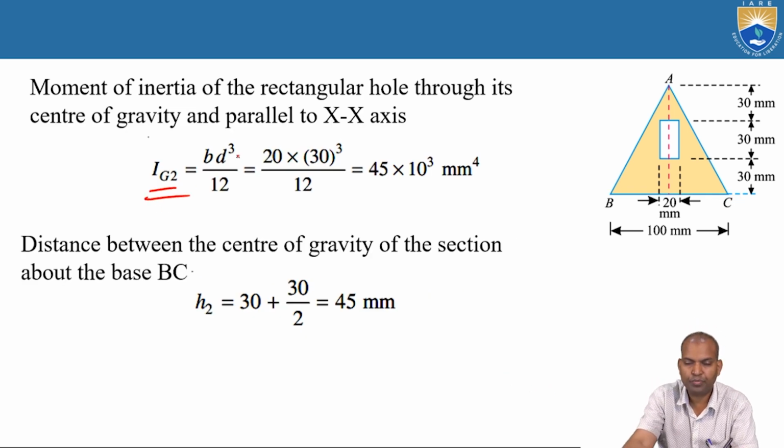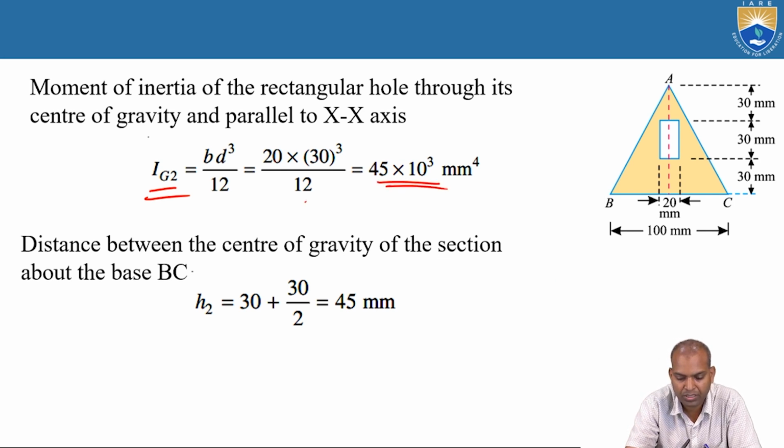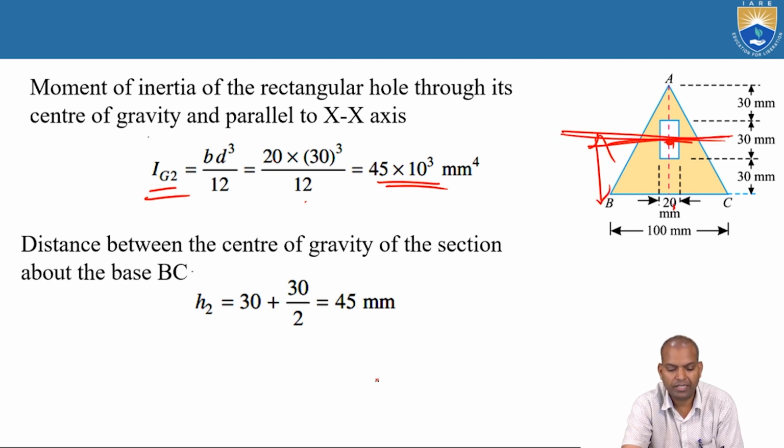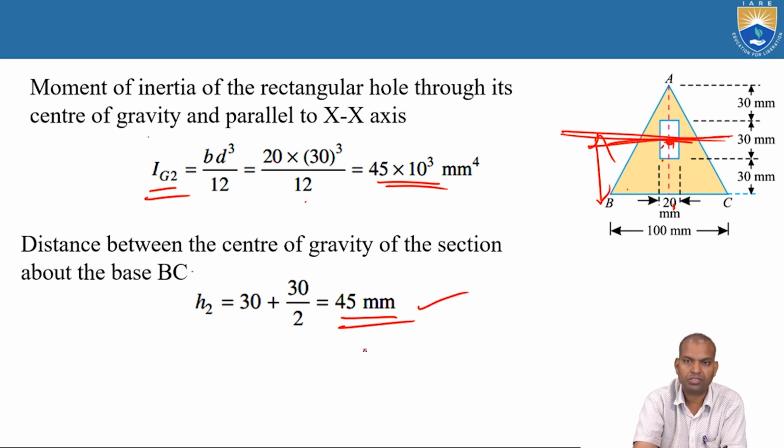Ig2 equals bd cubed by 12, that is 20 times 30 cubed by 12, that is 45 times 10 cubed mm to the power 4. What about h2? Because we want this section about the base, that value is required. h2 equals 30 plus 30 by 2, 45 millimeters.